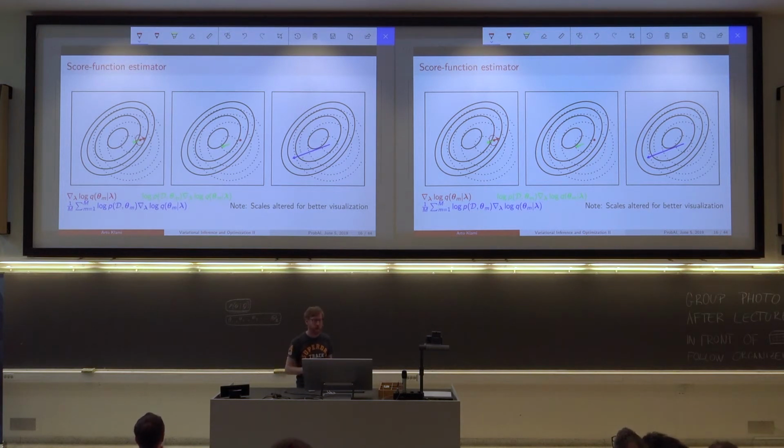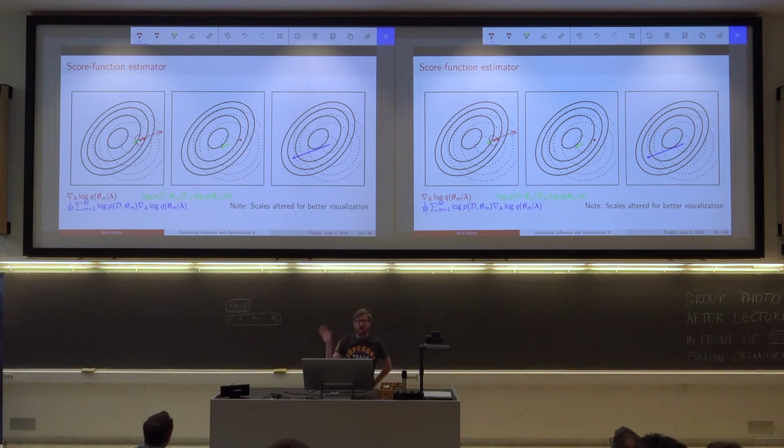Then we take a look at the gradient. To which direction should we move the approximation so that the approximation would give a large probability for this sample that we drew from there?